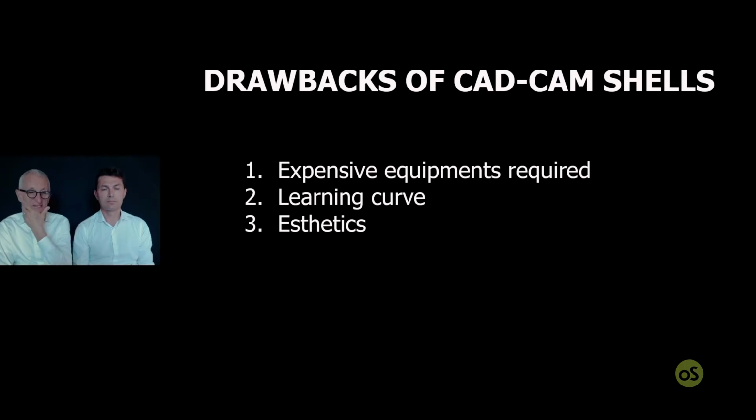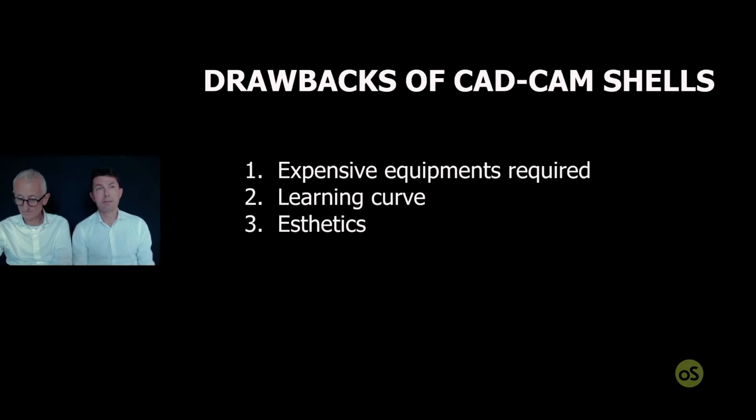And aesthetics, why aesthetics? The aesthetics sometimes is not good because the color and the shade is not the best, because the blocks and the disc have only 1 layer or 5 layer or 7 layer, but it is not the best cutback of the enamel for sure.